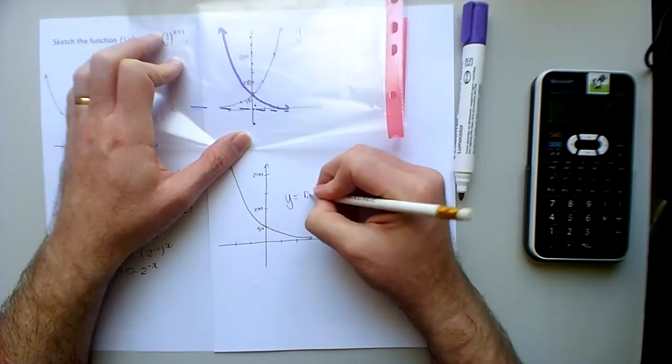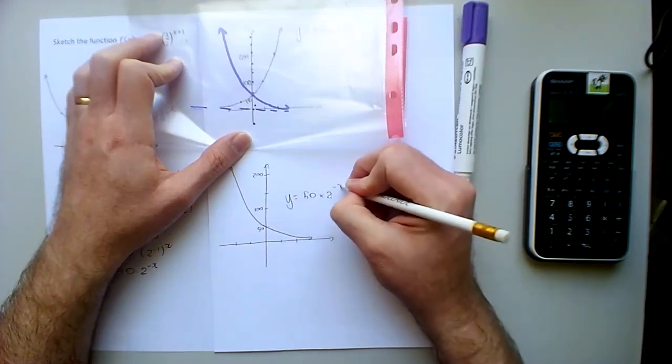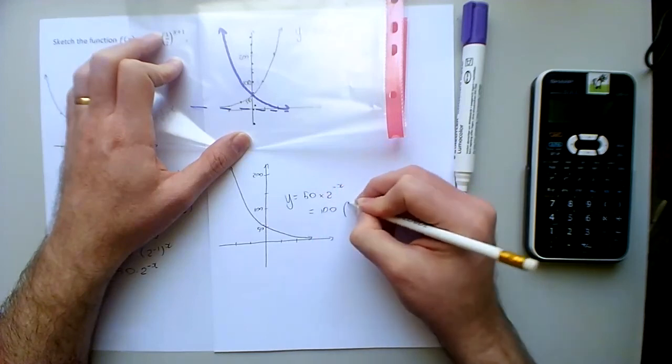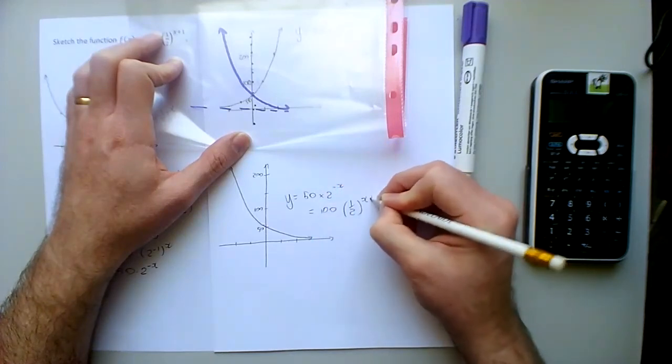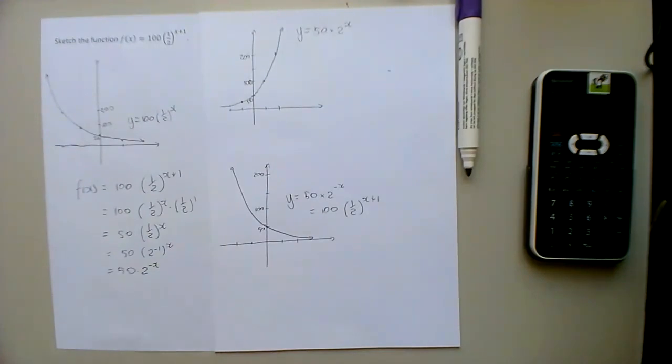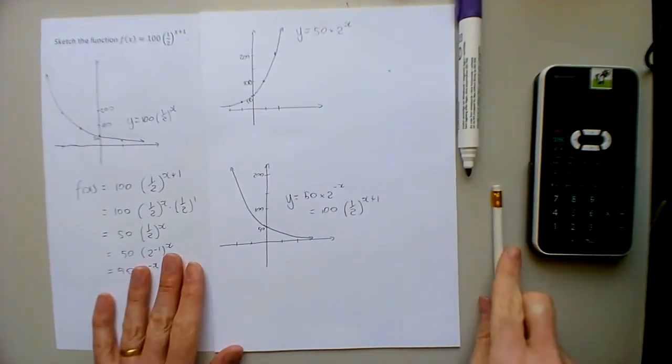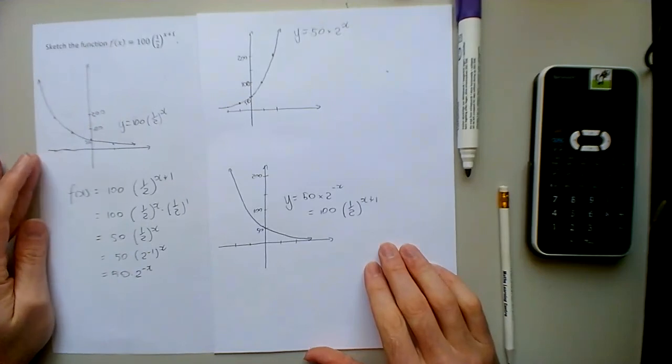So this should be y equals 50 times 2 to the minus x, which is the same as 100 times a half to the x plus 1. And yes, it is exactly the same graph as I drew before. So that's two ways to achieve the same graph. Cool.